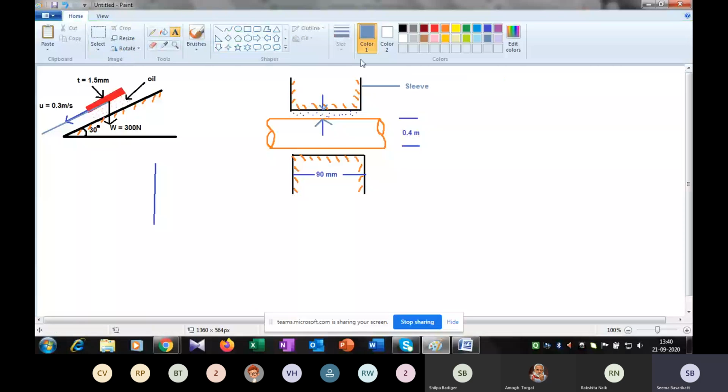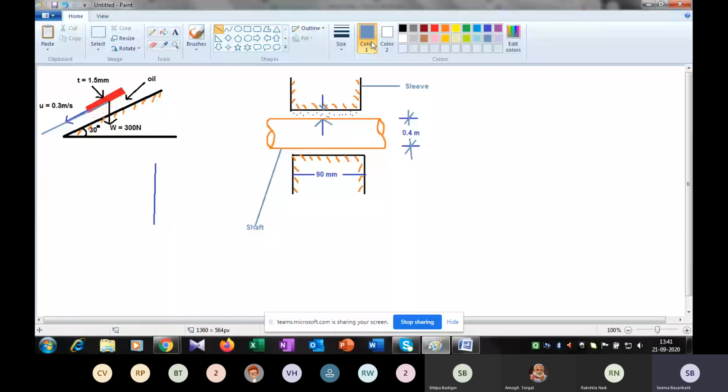This is the shaft. The diameter of the shaft is 0.4 meter and the length of the sleeve is 90 mm.